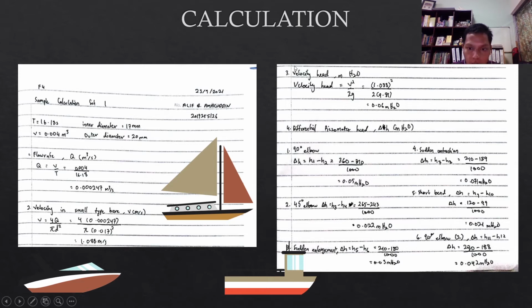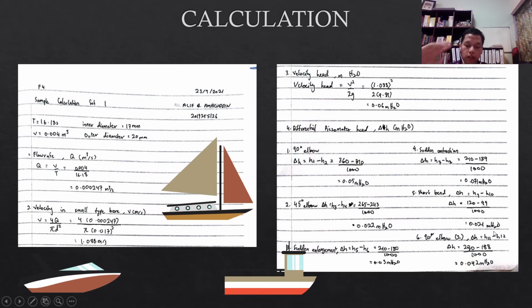This is the velocity head, and this is the differential piezometer head. The same calculation applies: h1 minus h2, h3 minus h4, and another one is sudden enlargement, h5 minus h6, sudden contraction, h7 minus h8, short bend, same, h9 minus h10, and another one is 90 degree elbow, h11 minus h10.